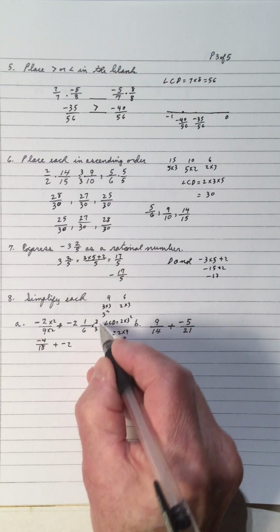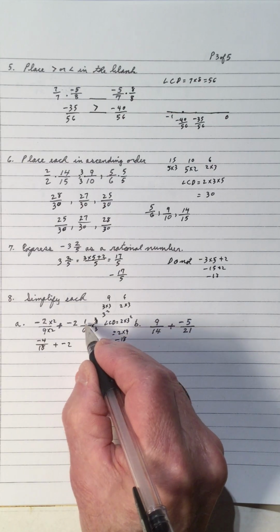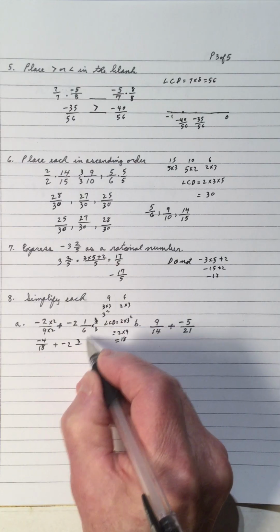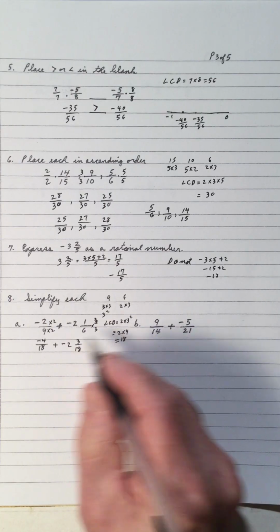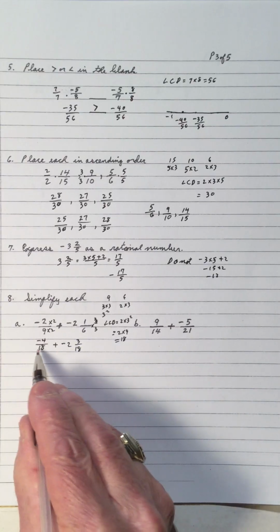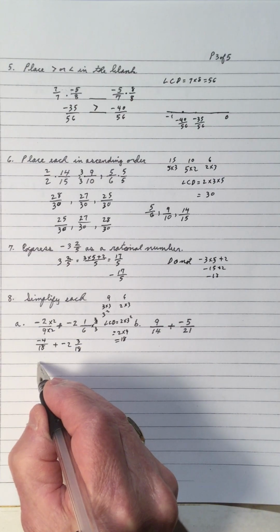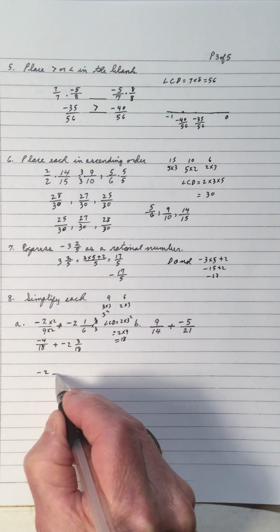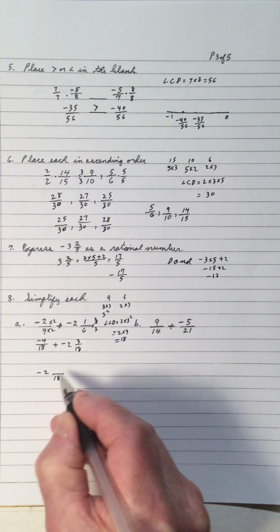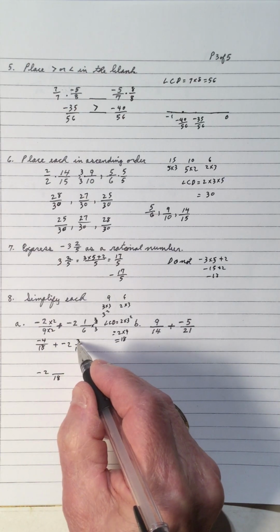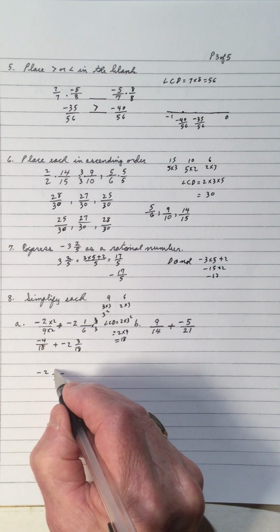And we want to make this an 18, so we multiply by 3 and 3. So 1 times 3 is 3, 3 times 6 is 18. So when we add these, the common denominator is 18, and when we add, this is a negative. So that's negative 7.